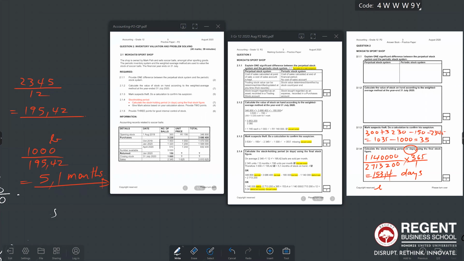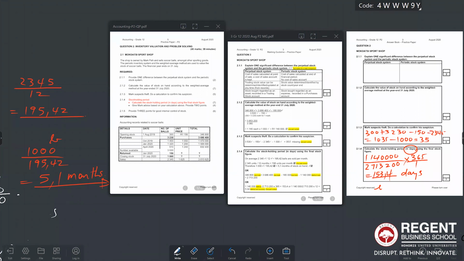Now the answer they wanted was in days. So you must give it to them in days. Now you must use averages. 1 month is 30 days. Don't worry about 31 days, or 28, 29. 5 months times 30 days, 5 times 30 is 150. 0.1 of a month will be 3 days.